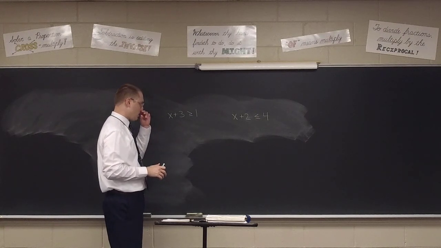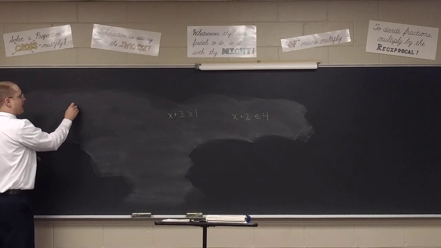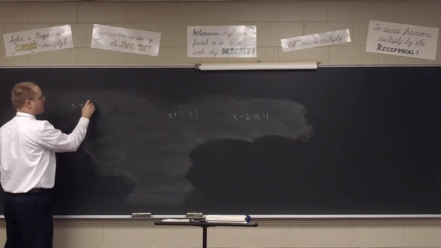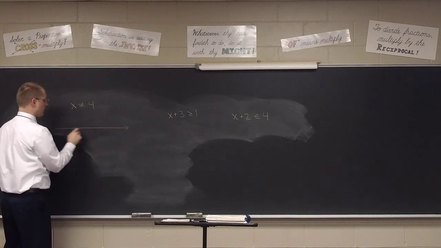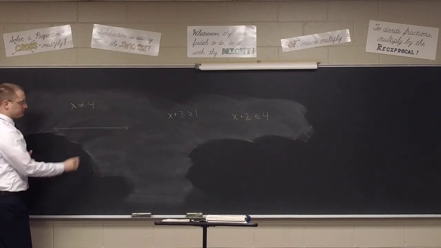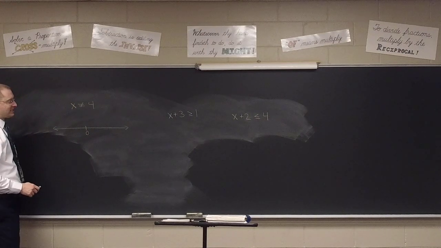If I were to graph an inequality, for instance, suppose we had the graph of x doesn't equal 4. How would I graph that on the number line? Noah? X cannot be 4.